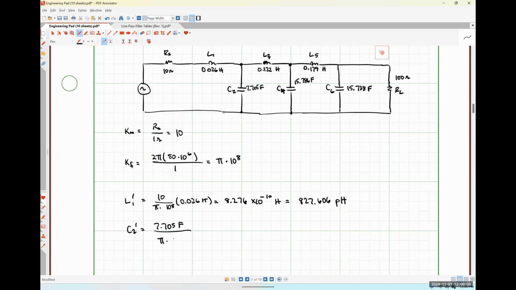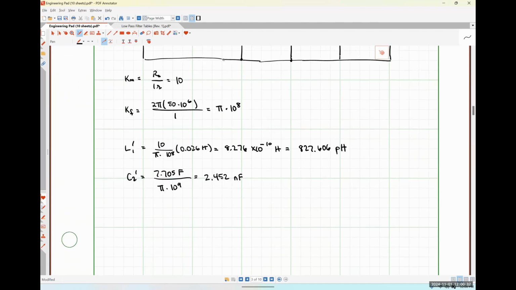So that's just going to be pi times 10 to the 9. So that comes out to be 2.452 nanofarads.